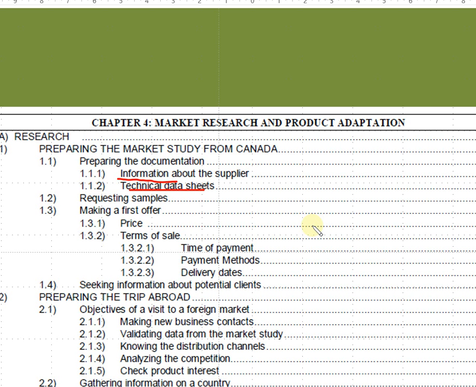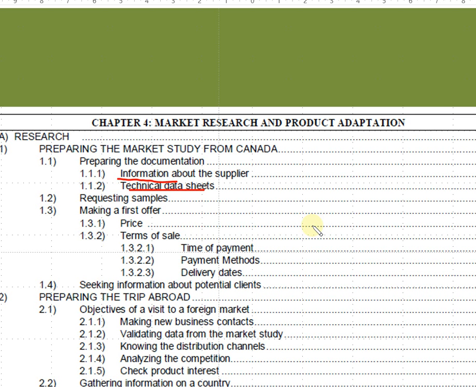Okay, because each country has its specific distribution channels. Okay, Japan is different, Korea is different, the US is different. Okay, the UK is different. Each country has its own specific channel distributions. So we have to detect. Okay, we have to detect prior to departing to their area.